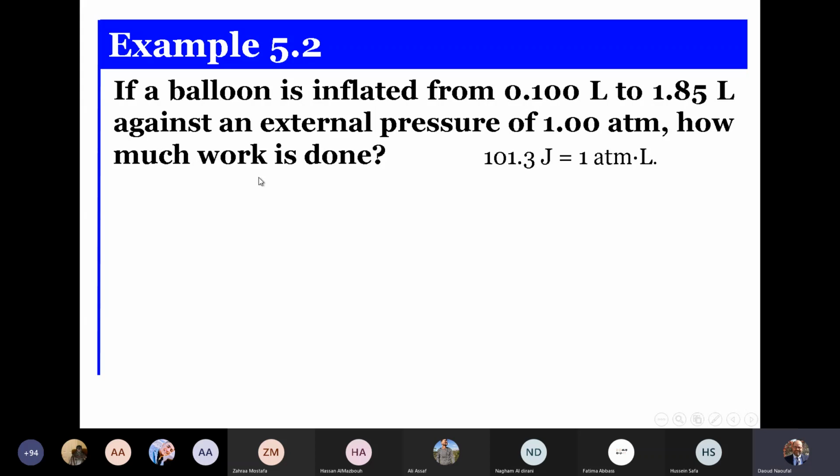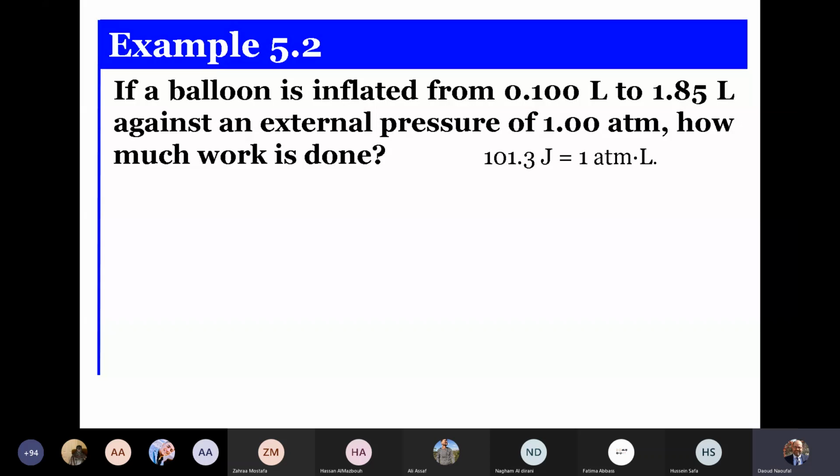So we have a balloon where the volume of the gas is initially 0.1. The balloon is inflated to V final equal to 1.85 liter, and the external pressure on the balloon is 1 atmosphere. So what is the work done?